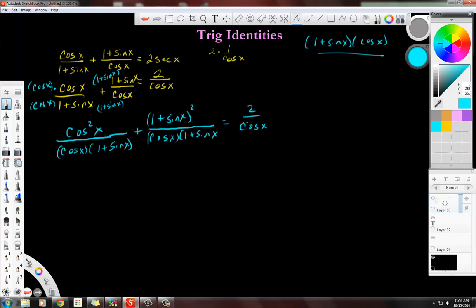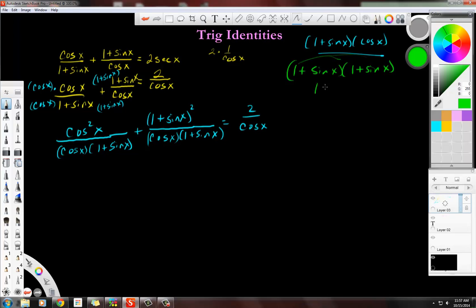All right, I think the next thing I'm going to have to do is FOIL this out. Okay, so I'll come over here, and let's do this. 1 plus sine of x times itself. And there might be a much better, easier way to do this, but I've already started down this path, so we'll FOIL this out.